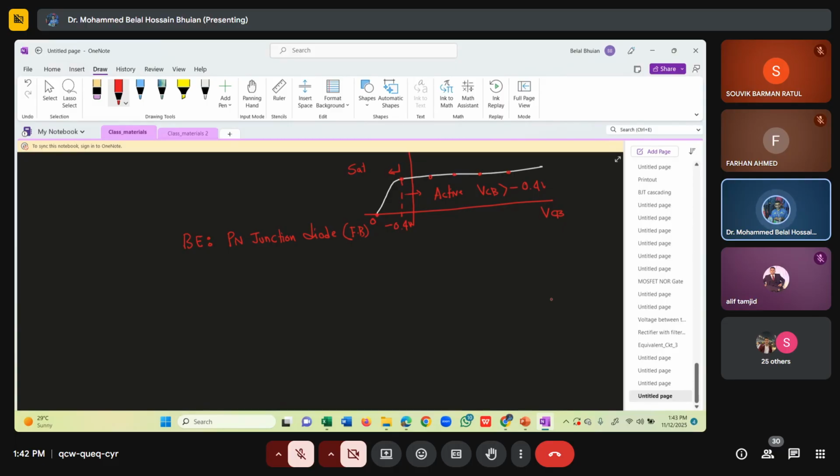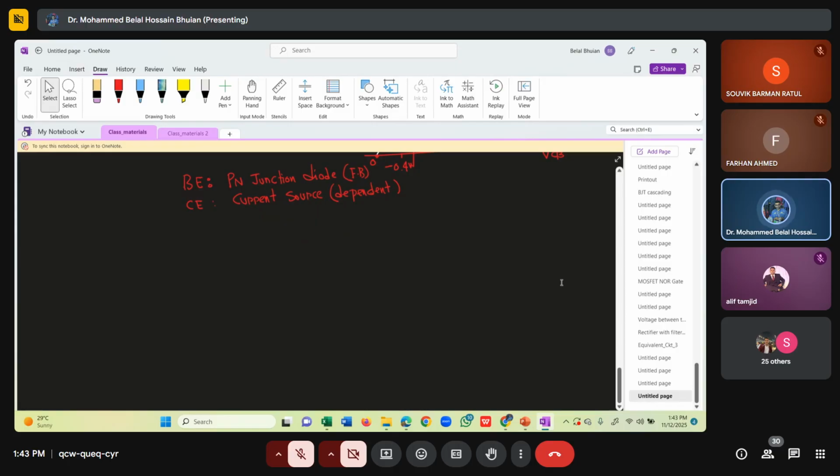And between base and collector, or collector to emitter, finally it comes out as a dependent current source. So combining these two observations, finally I'm in a position to draw the model for the BJT in the active region.